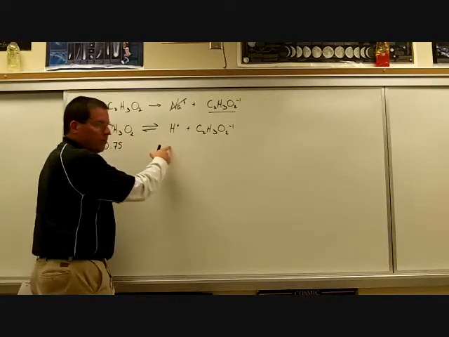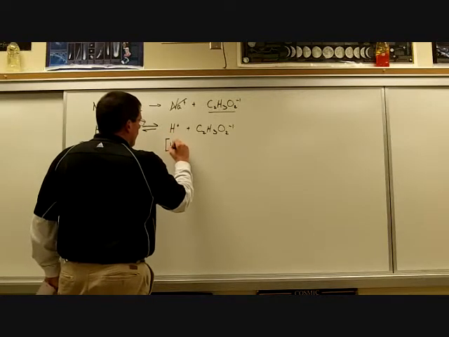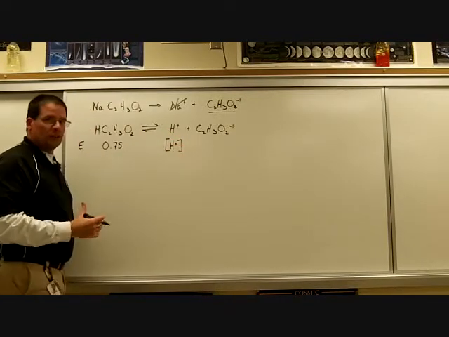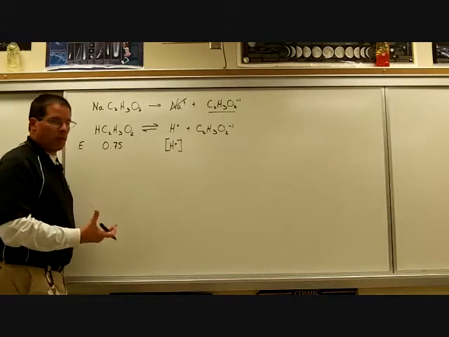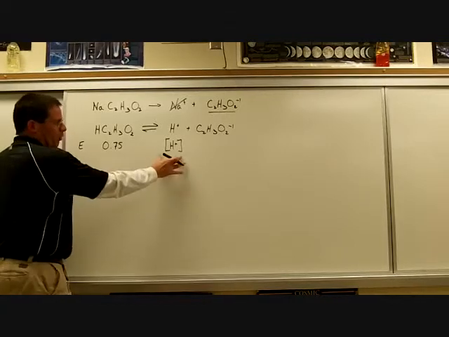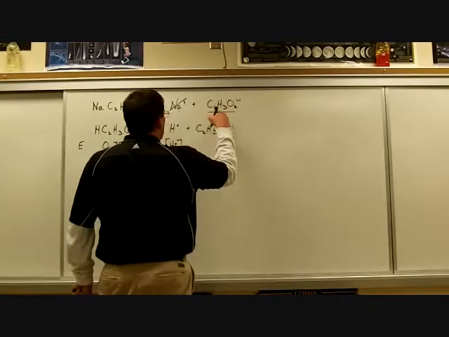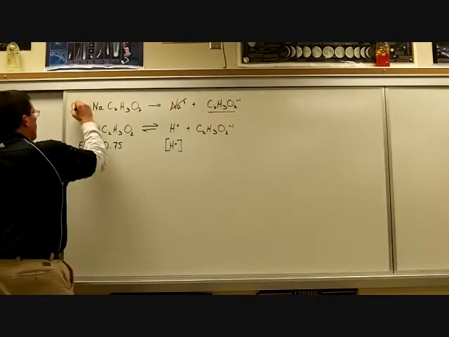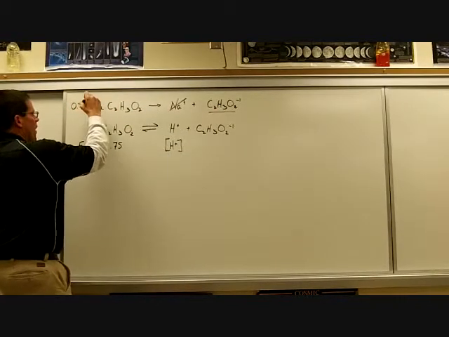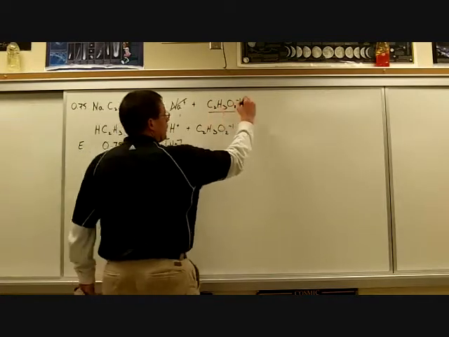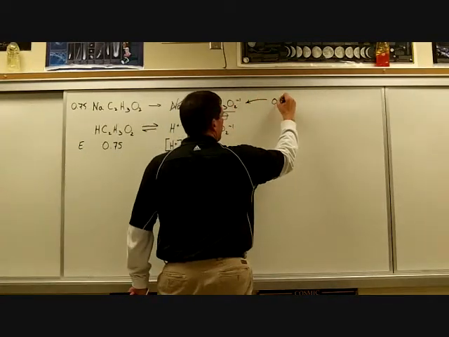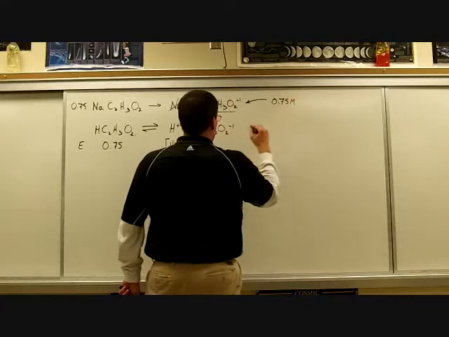Since we're at equilibrium, we're actually going to look for the concentration for the hydrogen. It's not 0 because it's at equilibrium, so there is a value there. Because we're looking for the pH, we want to find out what that is. And also, for this salt here, we were given a 0.75 molarity for that. So when that dissociates, this is 0.75 molarity.